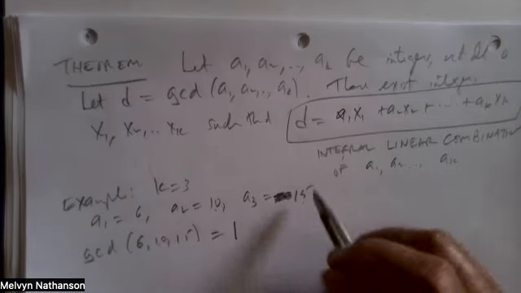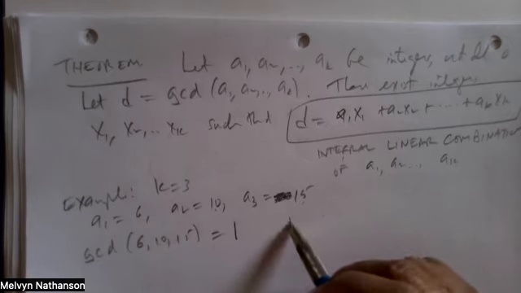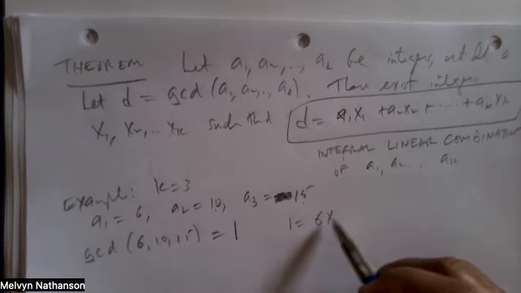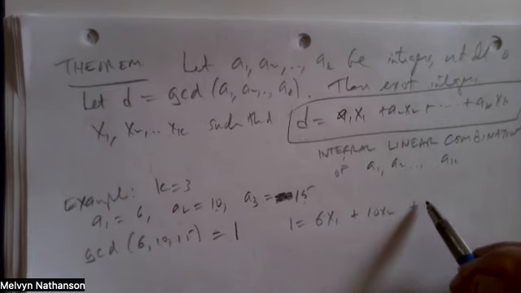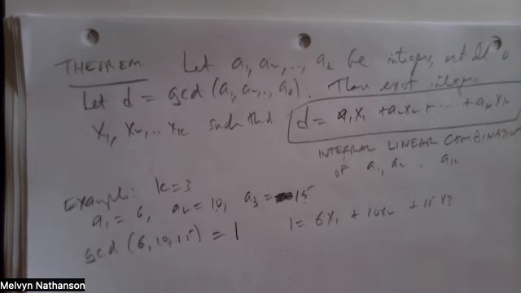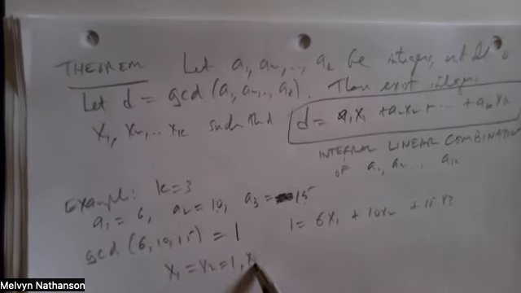And according to the theorem, this is my D, we have to be able to write 1 as 6x1 plus 10x2 plus 15x3. Right? So how can we solve this equation? Well, I guess there are lots of ways to solve this equation. You could take x1 equals x2 equal 1 and x3 equal to minus 1.